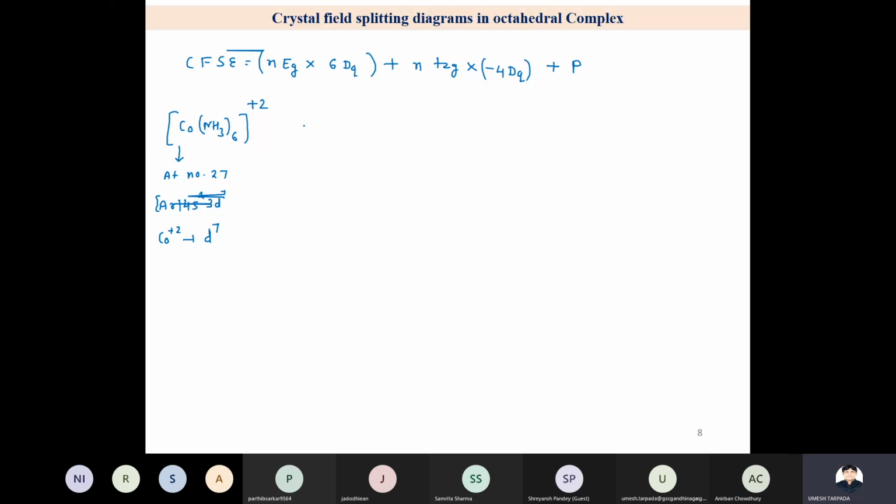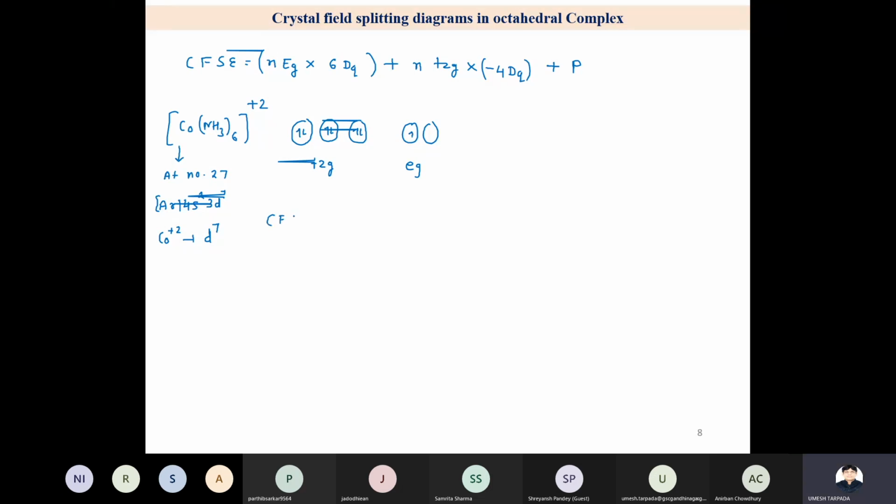Now this is a strong field ligand, so electrons remain paired. T2G orbital will be filled first and paired, and EG orbital has a single electron. There are 7 electrons, so 6 electrons first enter into T2G and 1 electron in EG.